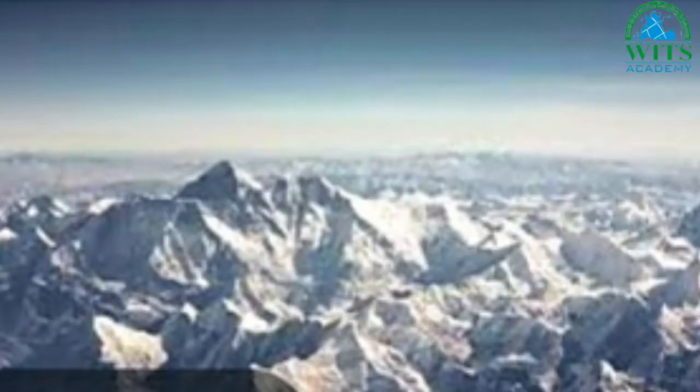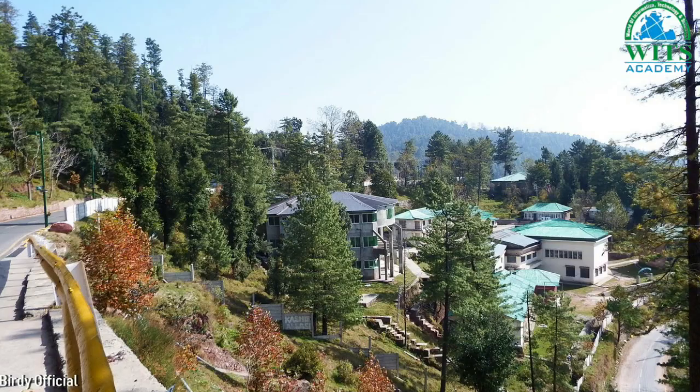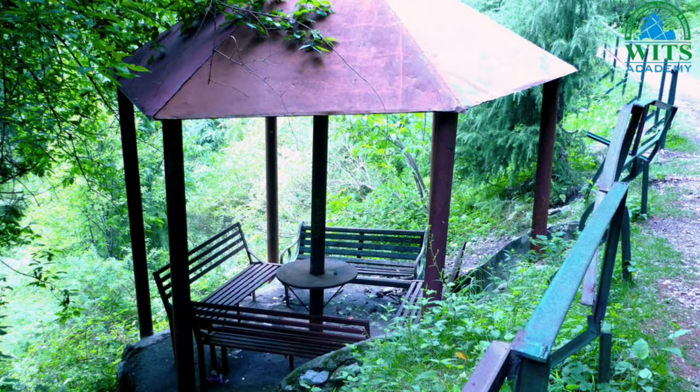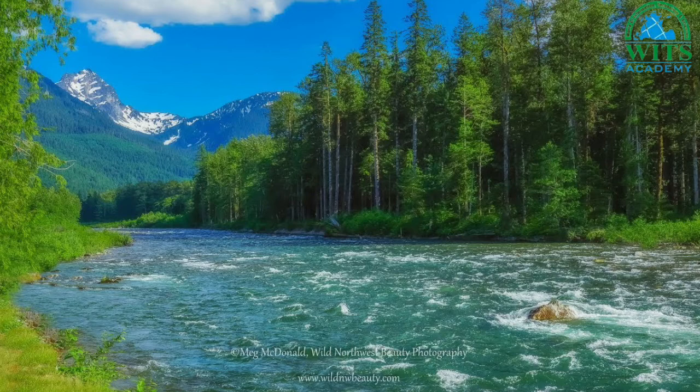Most of the Himalayan peaks are covered with snow year round. Famous hill stations are Murree, Abbottabad, Nathiagali, Ayubia, and Kaghan valleys. The Himalayas are globally ranked ninth.